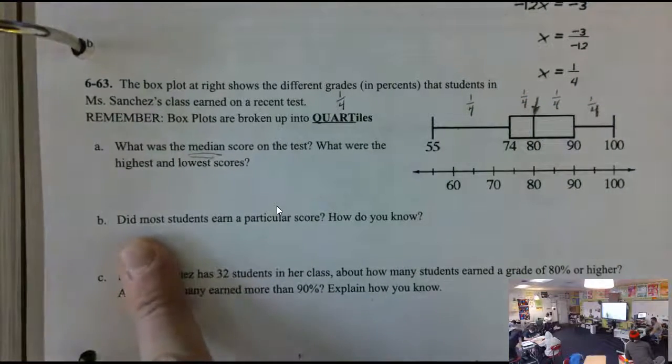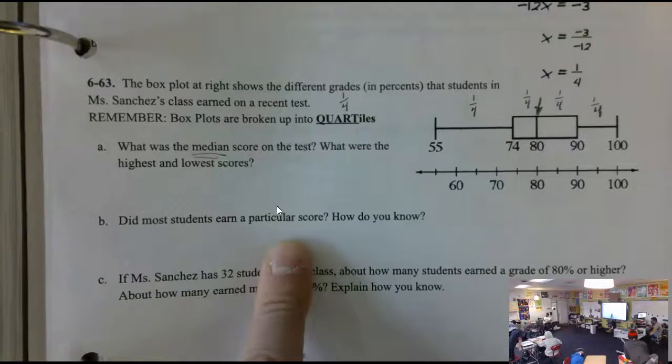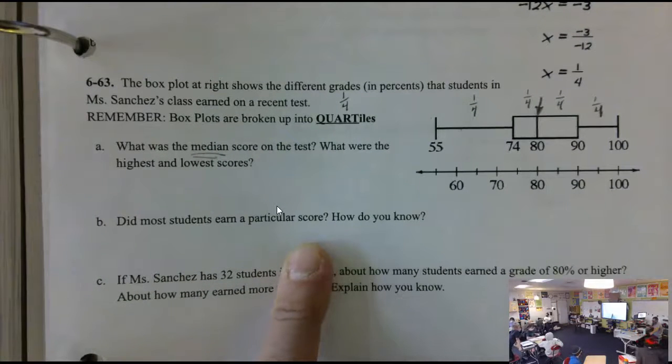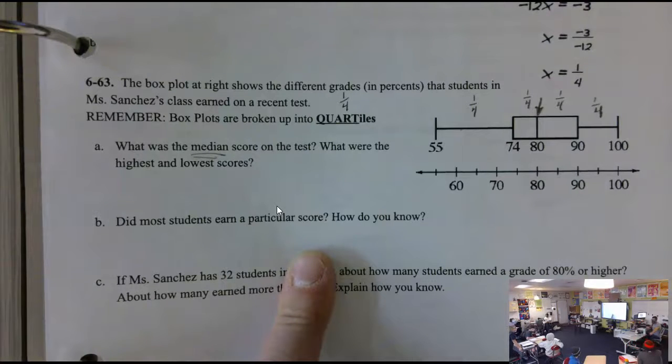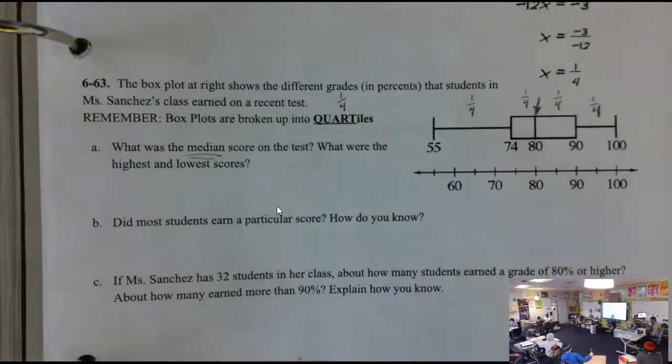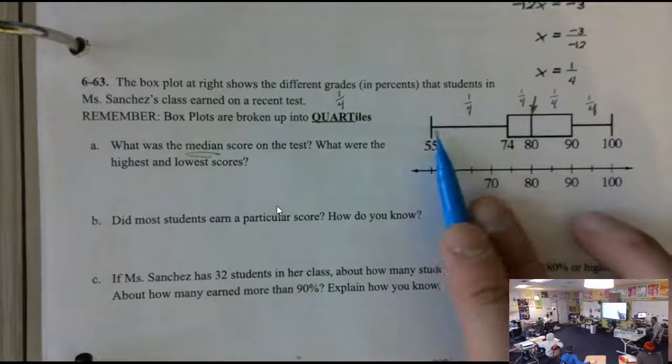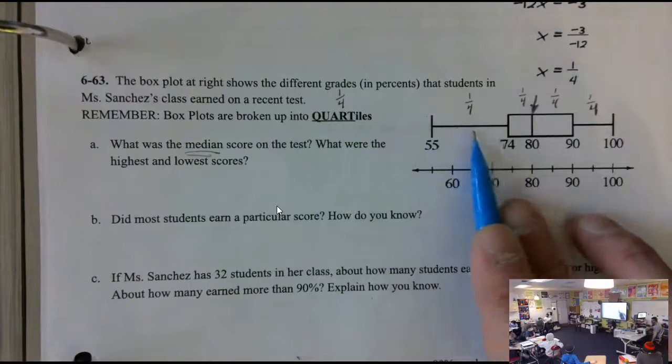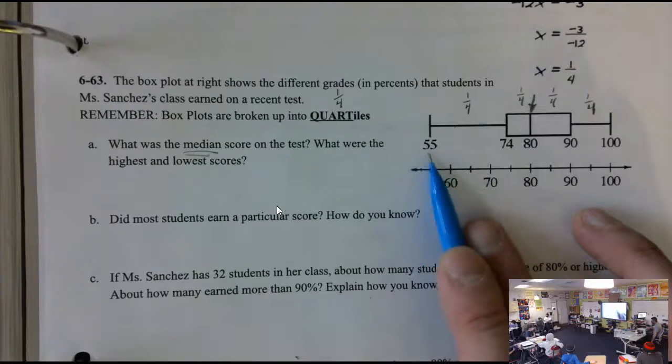Then when we get asked, did most students earn a particular score? Yes, 74 through 90. Because what a box plot lets us look at is the concentration of results. Meaning, the wider the section is, the more spread out the test scores were, because this was probably the person who didn't study, and hopefully not many people were down there with them.